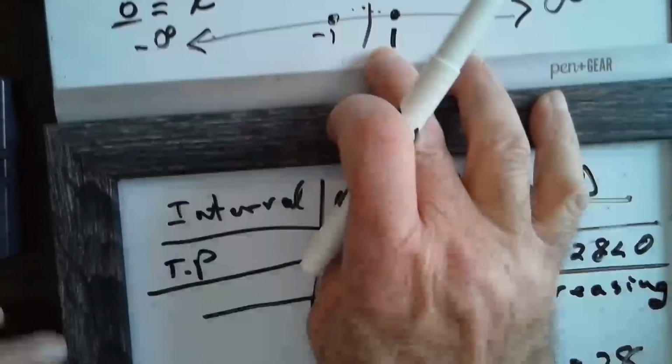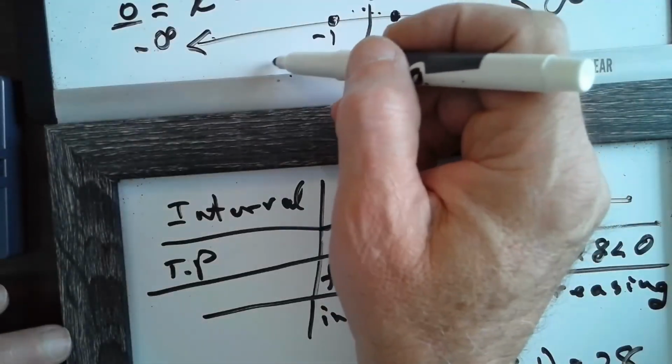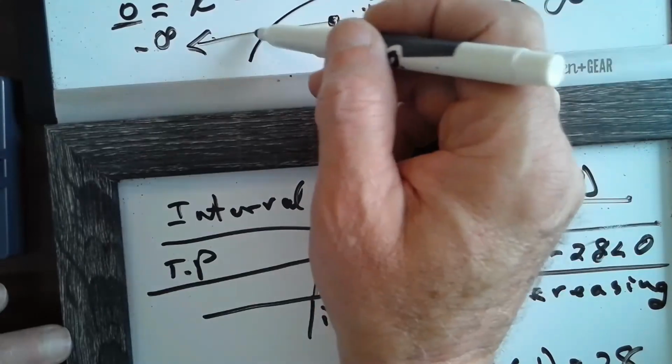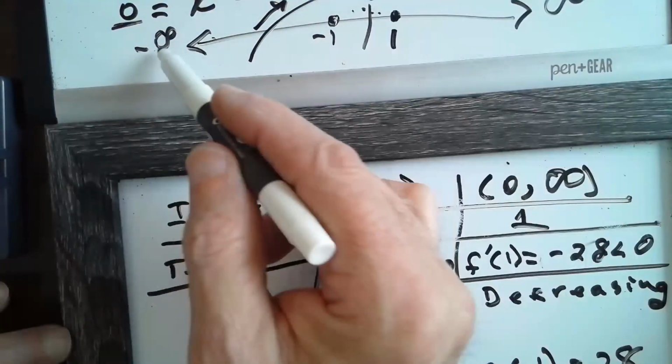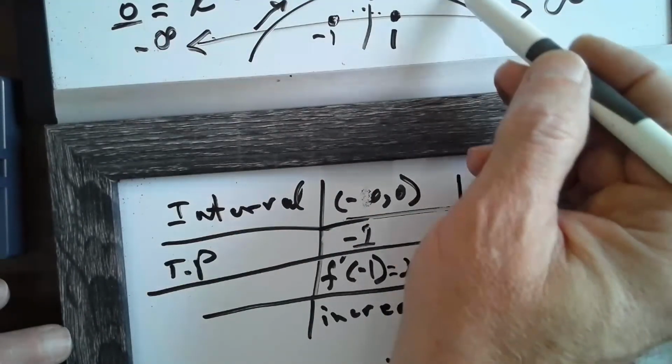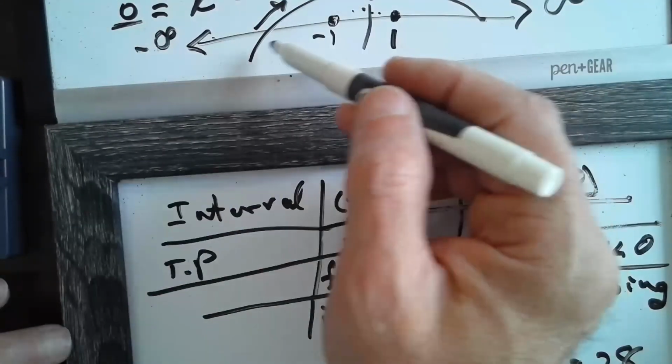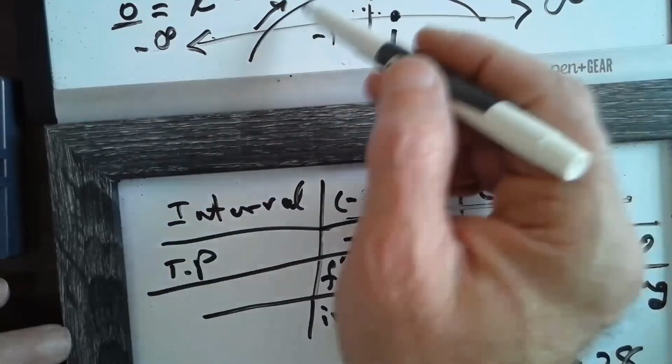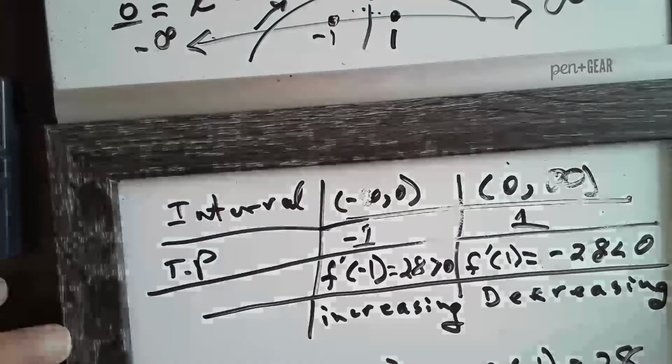So our curve was increasing on the interval from negative infinity to 0, and then decreasing from 0 to positive infinity.